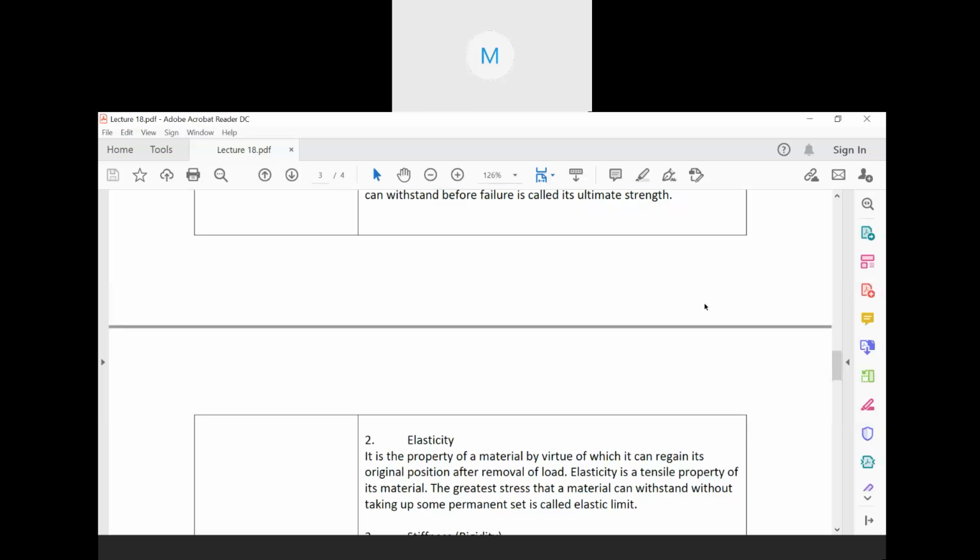Now look, you have all seen a rubber band. If you pull it, it comes back to its original state, right? So that is the property of the material, elasticity. Now in elasticity, there is one limit called the elastic limit. What does that elastic limit actually mean? It means suppose you are applying load.